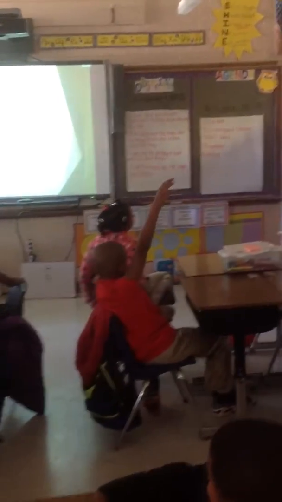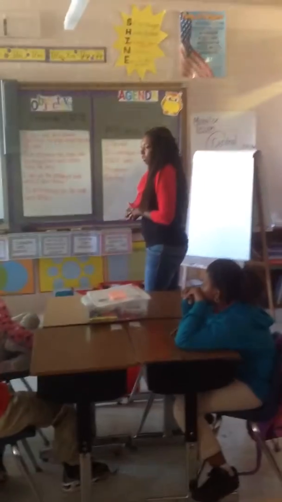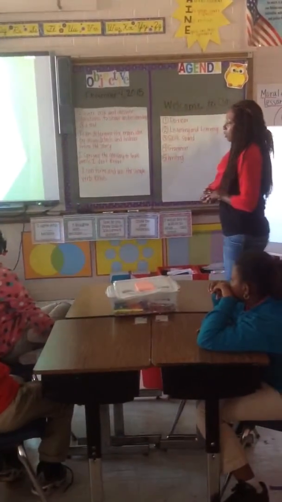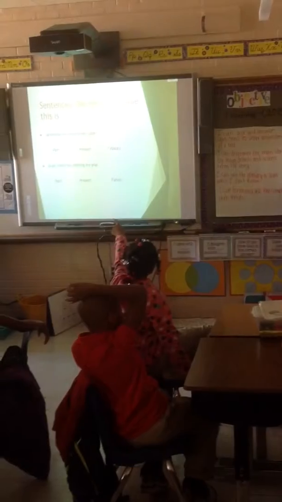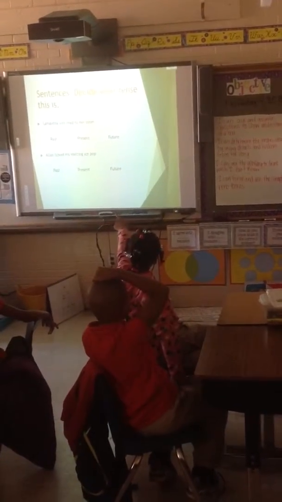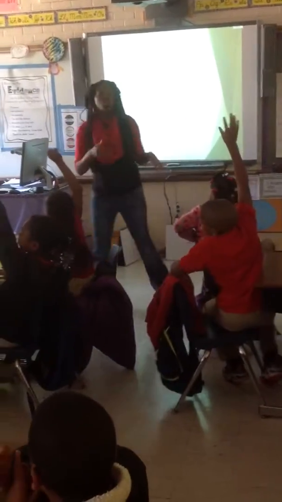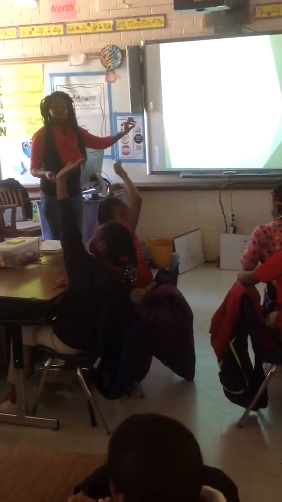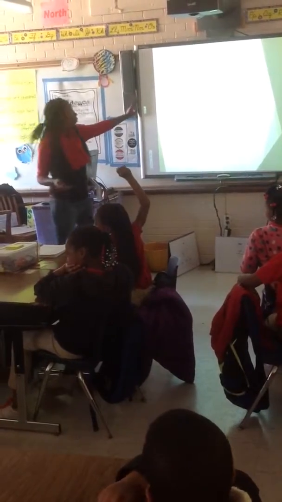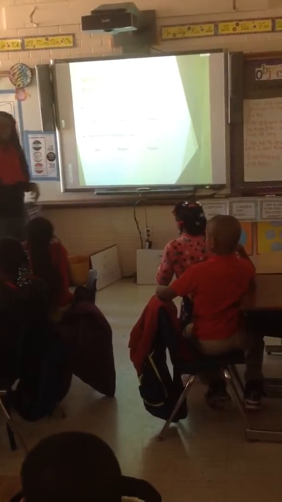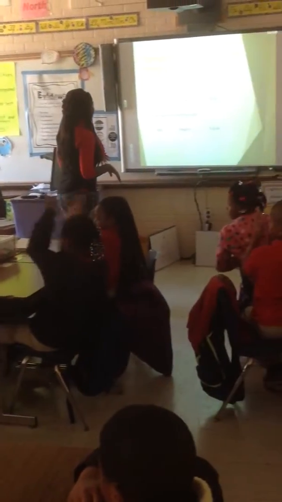I disagree with Jalen because it's not present because it has the word will in front of it, and I think it is future. How many people agree with Maya Marie? Jalen, do you understand why it is not present? Okay, that's okay. So we saw that it is future tense because of our clue, will. Let's give Maya a round of applause.